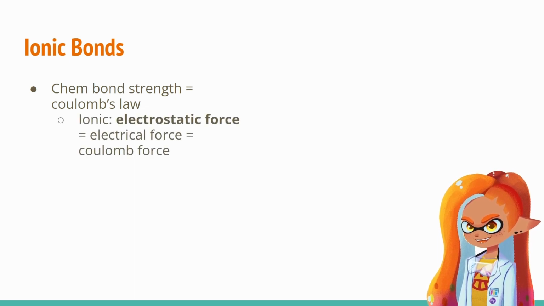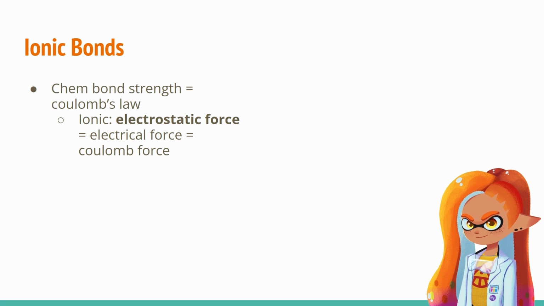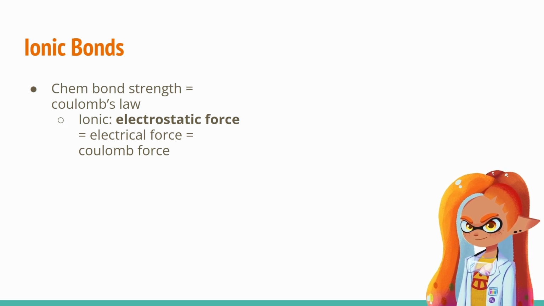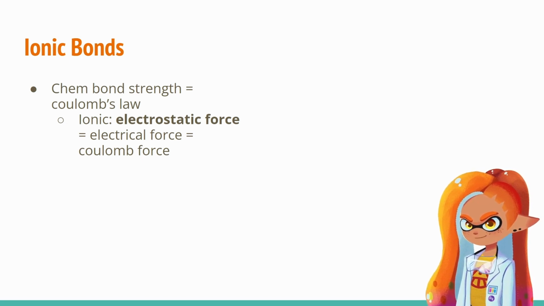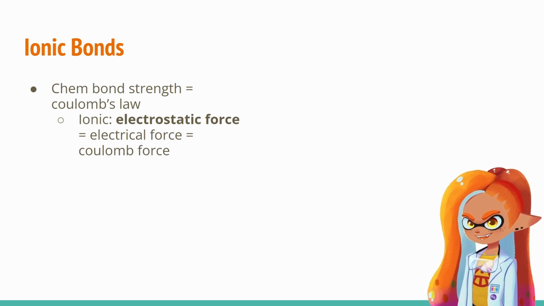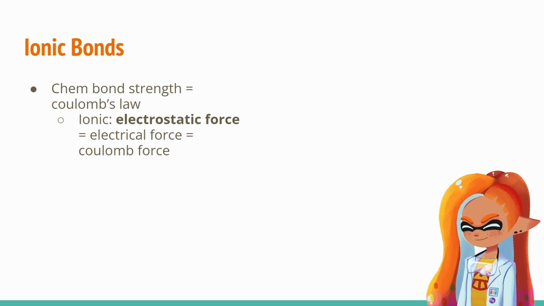In ionic bonds, we tend to focus on the term electrostatic force, which if you see in other resources might be called the electrical force. It also might be called the Coulomb force. So just make sure that you recognize those different vocab terms and that they mean the same thing. And pretty much the term electrostatic force is just the fancy way of saying the attraction of oppositely charged ions.